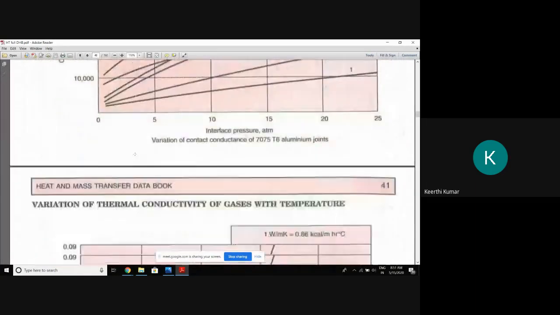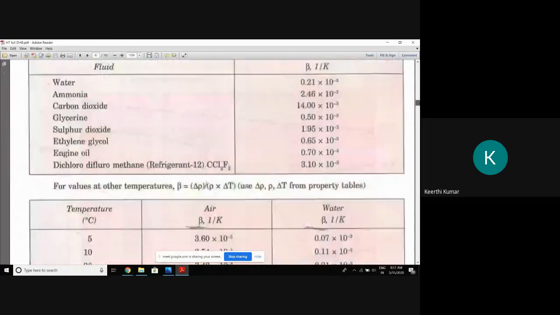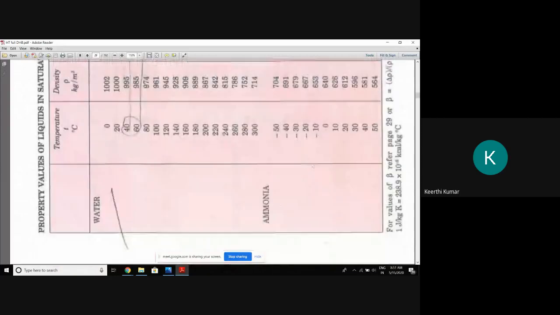Saturated steam. Like that you take for water. Yeah, properties of liquid in saturated state.